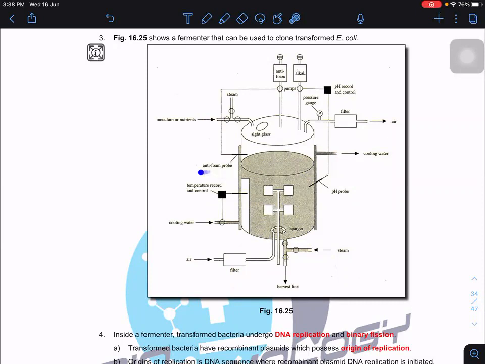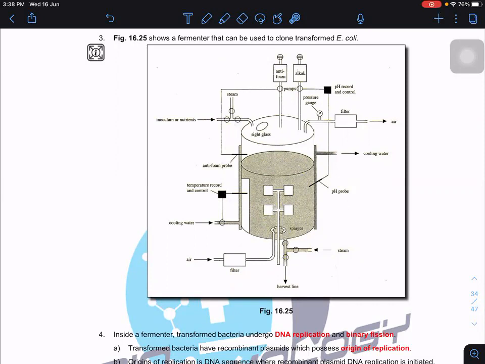And we do have the temperature control to make sure that the bacteria is provided with a suitable temperature. So once they reach an optimum temperature, they will continue to grow and produce the insulin for us. We do have the harvest line here. The harvest line can help us to take out, for example, the cells, and then we can harvest. Inoculum and nutrients, we can always pump in.